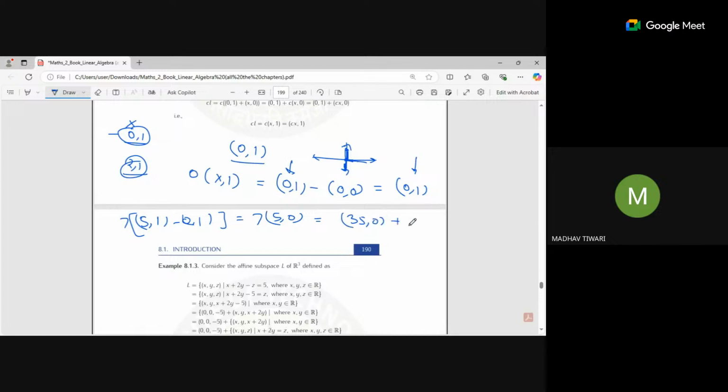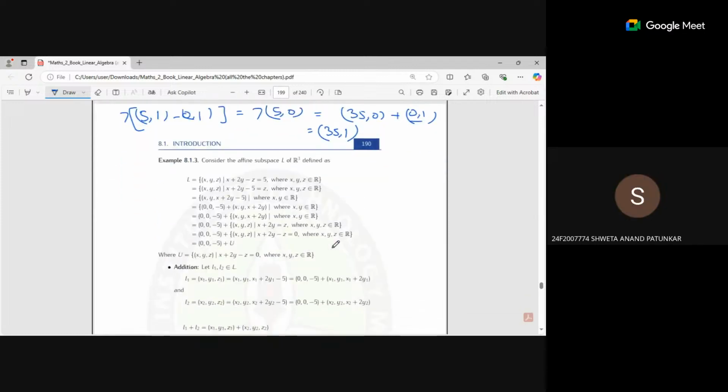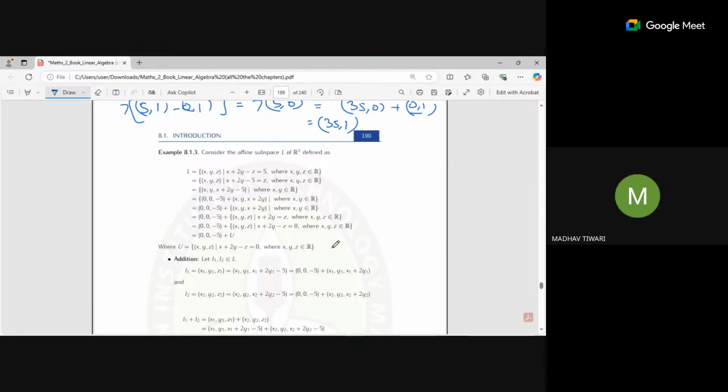Now I again add whatever I removed, so I get (35, 1). Is that okay, Shweta? Yes, sir. Thank you.